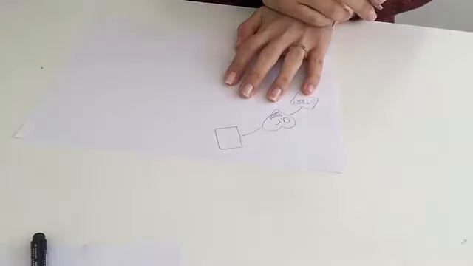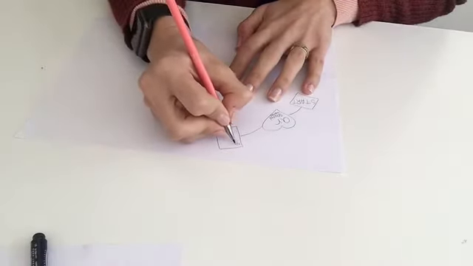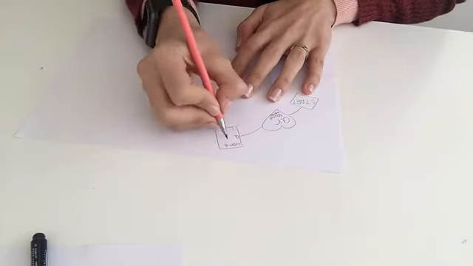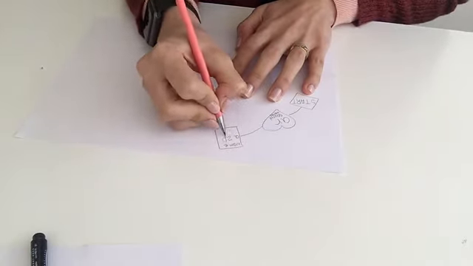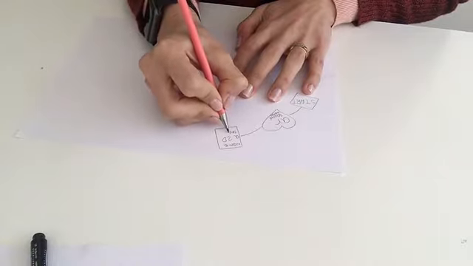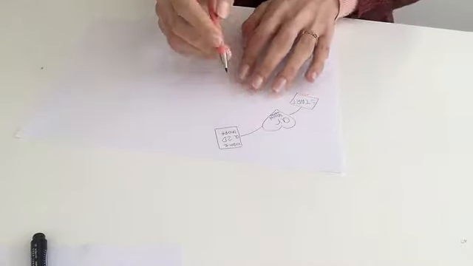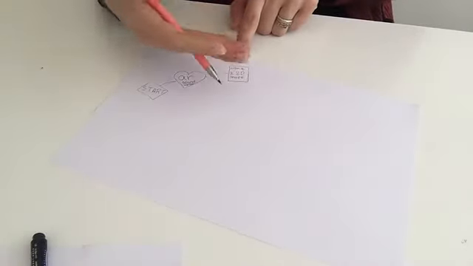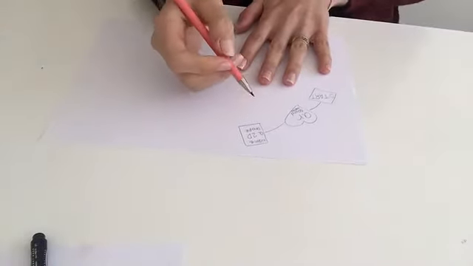And I will write here inside, name a 2D shape. So you can leave it like this, name a 2D shape, or you can also draw the shape that you want this person to name.